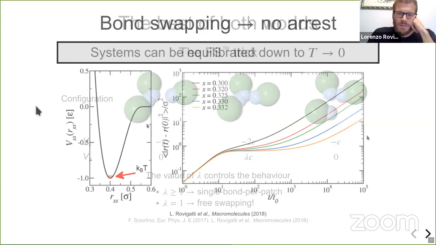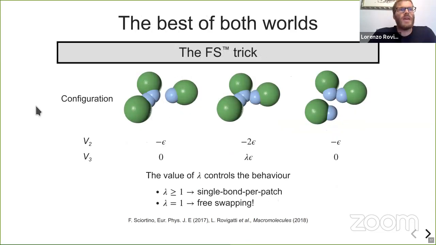So this is the way I see it. This parameter is really just something we put in our model to be able to simulate under sort of extreme conditions where we wouldn't be able to equilibrate otherwise.